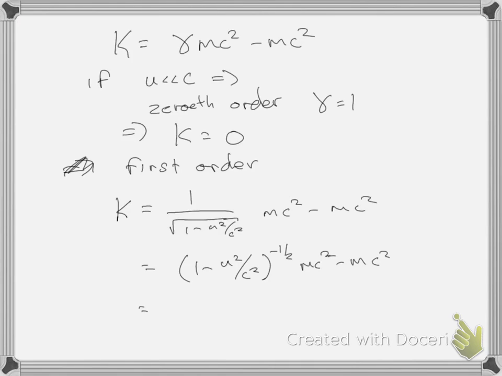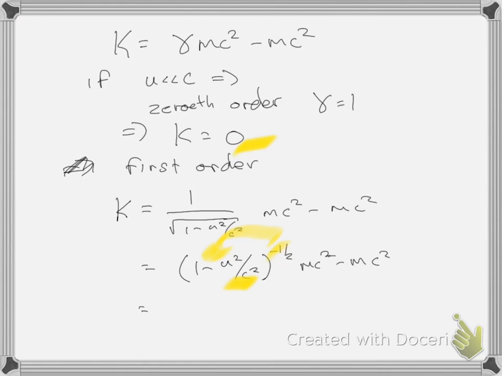We can now do the first order binomial expansion. Doing the binomial expansion for u much, much less than c, either we just say the second term in the parentheses is 0 and we get 0, or we go out to the first order. And so we take the first order term, which is taking the 1/2, which is up here, and we put that down in front.